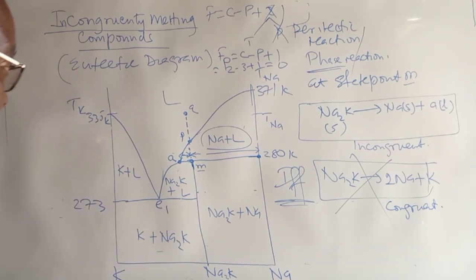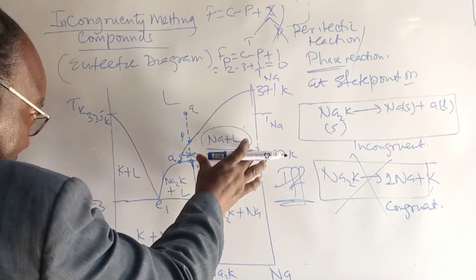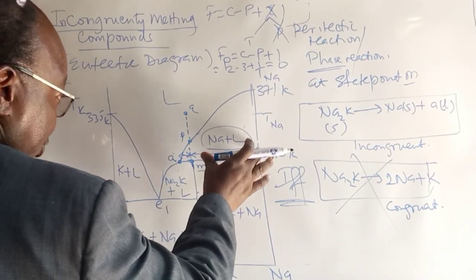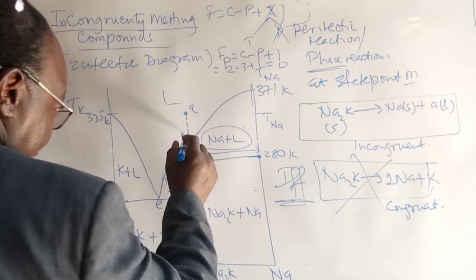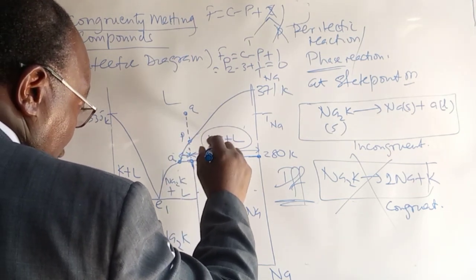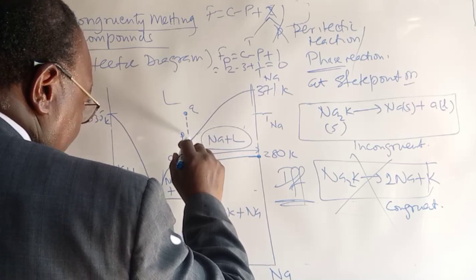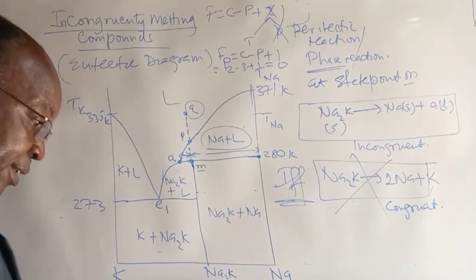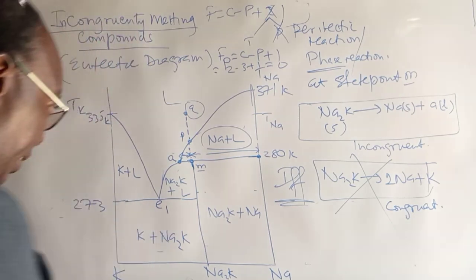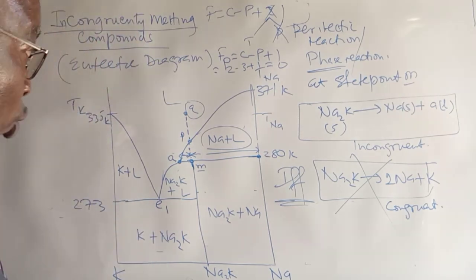The length of this segment represents the amount of liquid, and the length of this segment represents the amount of sodium in this quantity. And of course, at P finally, we have total fusion, total melting of this system, and so we have the homogeneous liquid at that particular point. That's very important for us to note.